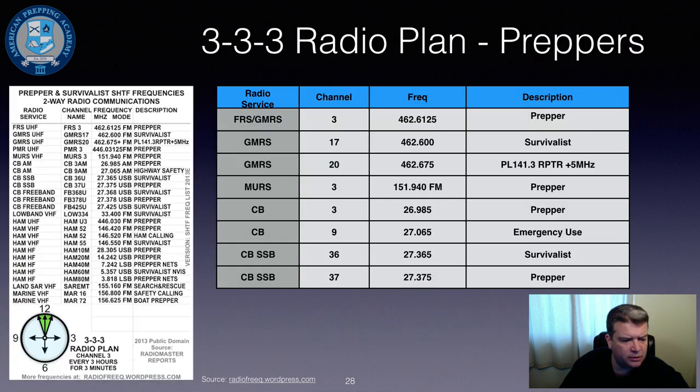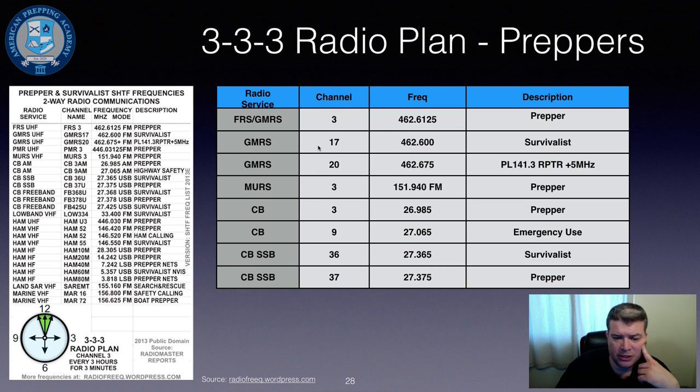Okay, so for common prepper frequencies, here are some of the ones that you're going to want to put in your emergency binder or keep track of in some way, shape, or form. And again, FRS and GMRS, the shared frequencies, that's going to be channel 3, which is 462.6125.